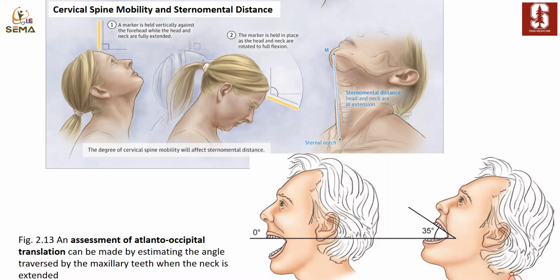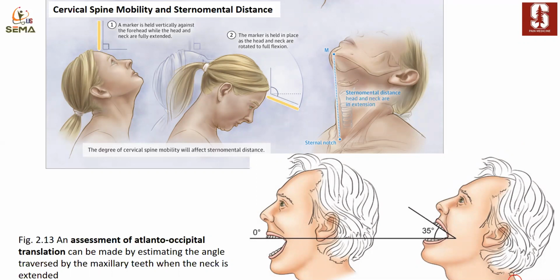The angle can be readily estimated at the bedside by asking the patient to sit straight up with the head erect and the line of the bite side parallel to the ground. Then ask the patient to open wide. In this position, the occlusal surface of the upper teeth is horizontal to the ground.